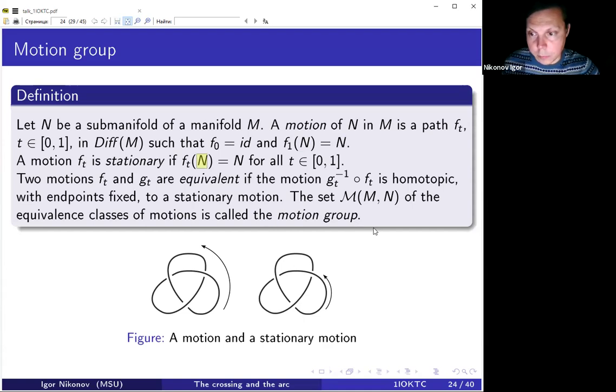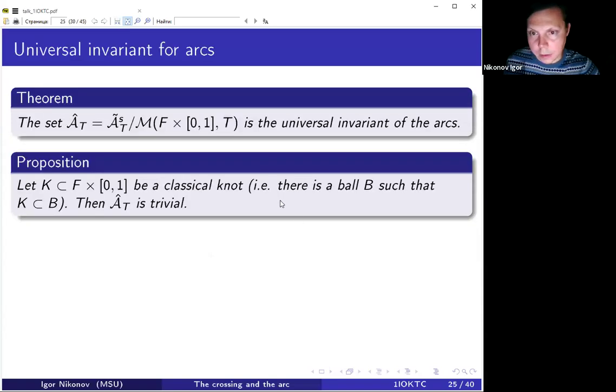And then we consider the motion group of the tangle in the thickened surface. This group acts naturally on the isotopy classes of these arc probes. And then the quotient by this action is the universal invariant of arcs.